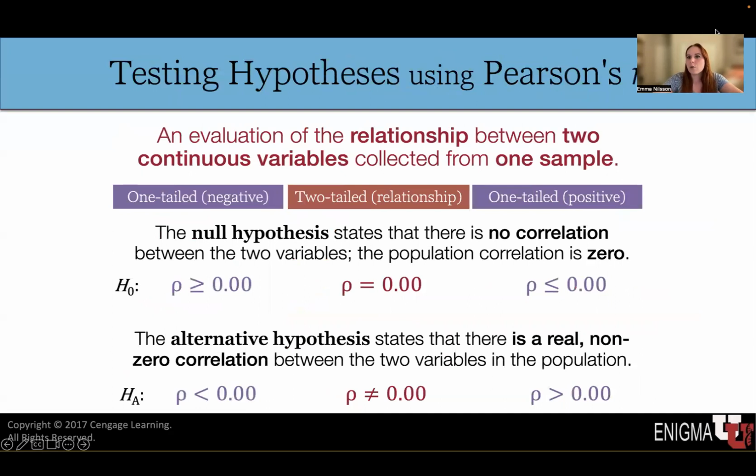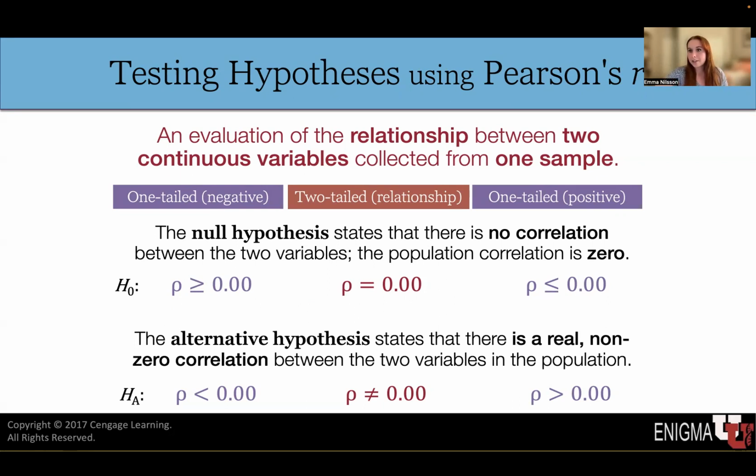Now let's talk about how we test our hypotheses using Pearson's R. How do we actually apply this to our statistical analyses? The first thing we do with every hypothesis testing situation is state our hypotheses. As a reminder, correlation is an evaluation of the relationship between two continuous variables collected from one sample.